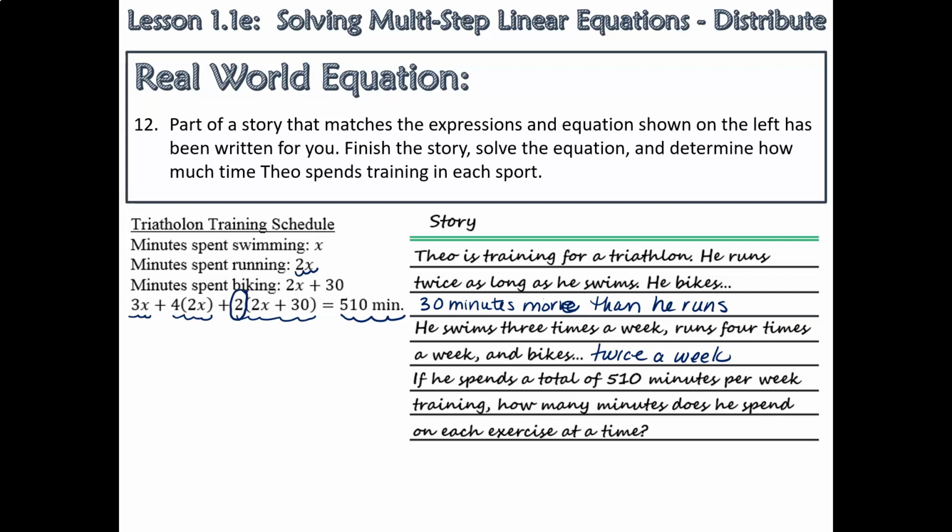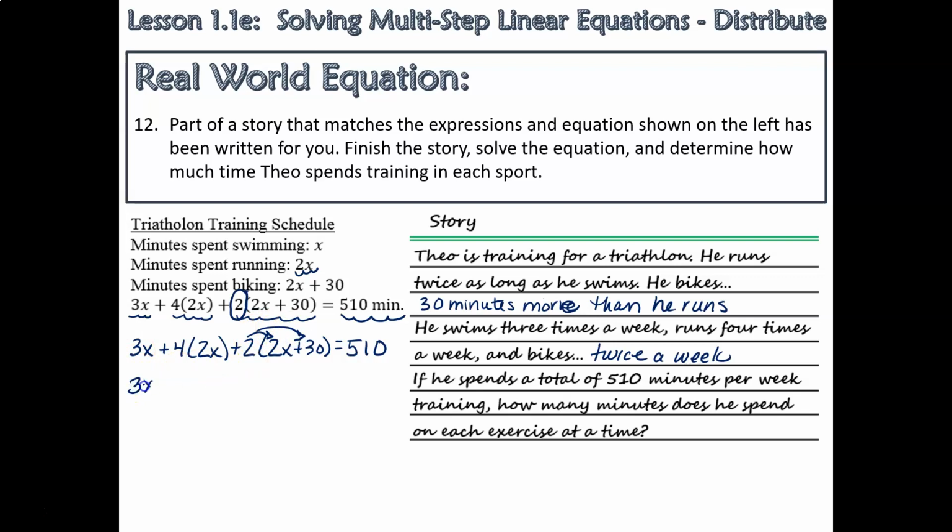If he spends a total of 510 minutes per week training, how many minutes does he spend on each exercise at a time? That means every time, not a total, each time. So let's rewrite this, and what we need to do is find x. Okay, so let's distribute and multiply some things together.